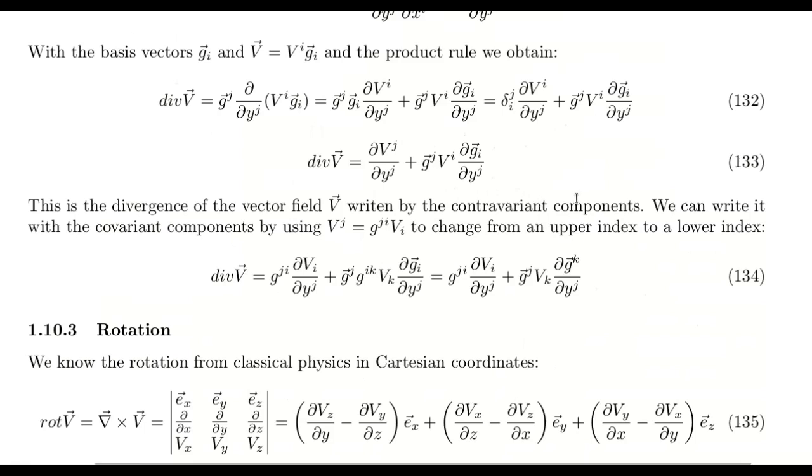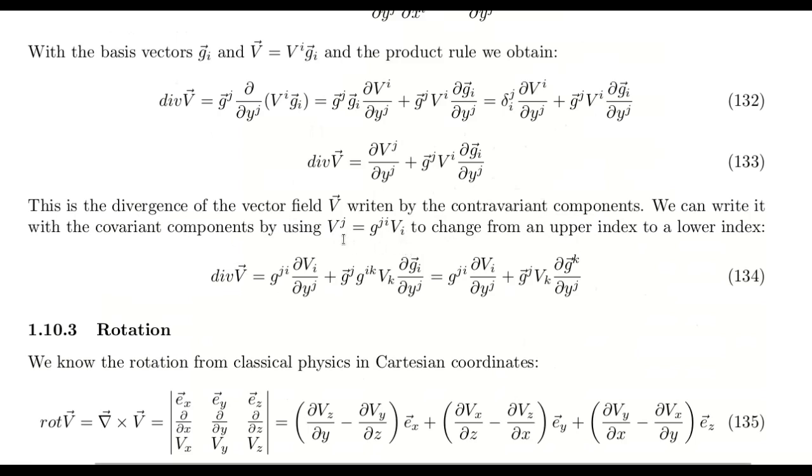We now want to use the covariant components also to write the divergence of V. So we use the metric tensor. By using the metric tensor, we can change a covariant vector into a contravariant one, or vice versa.